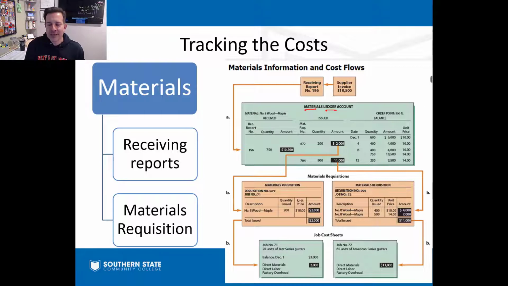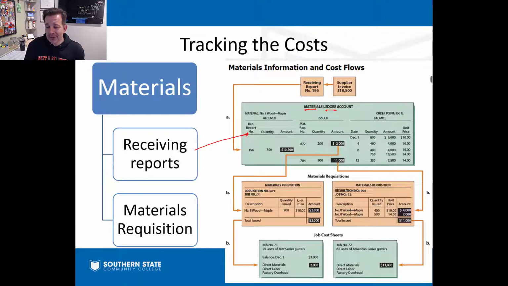In this case, they're keeping track of wood that would go into a guitar. So they have the name of the material, maple wood. They have the amount received, and tie into your receiving report right there. And then they have the amount issued into production. So there's the requisitions where we're saying we need the material for a job.